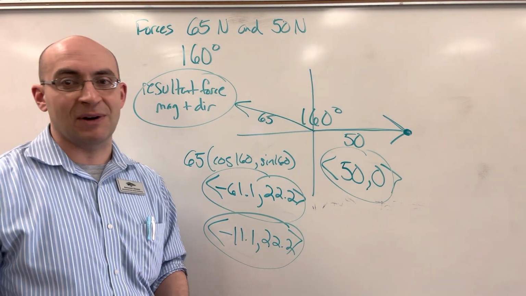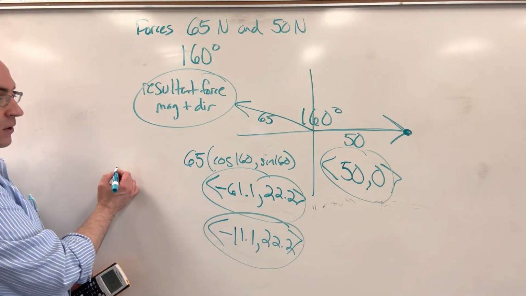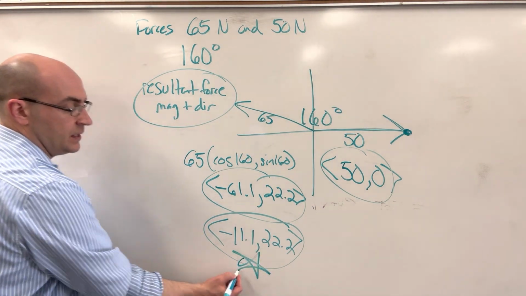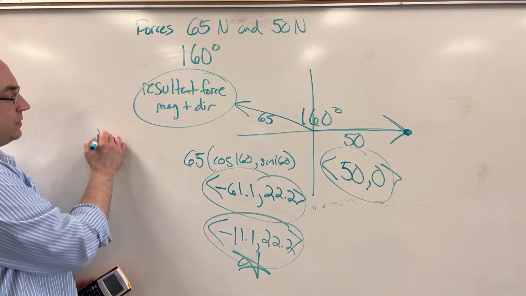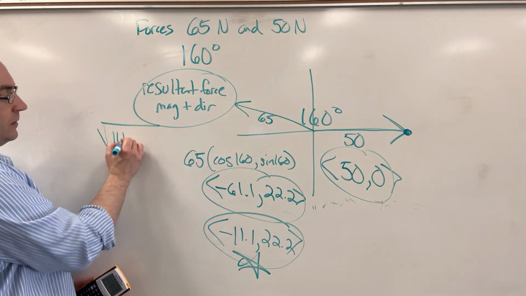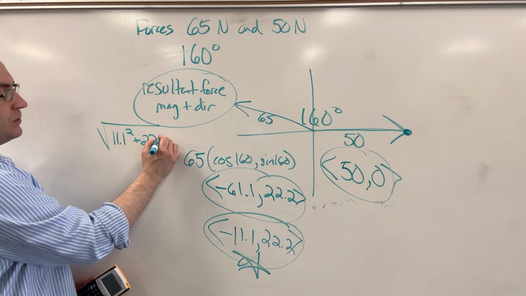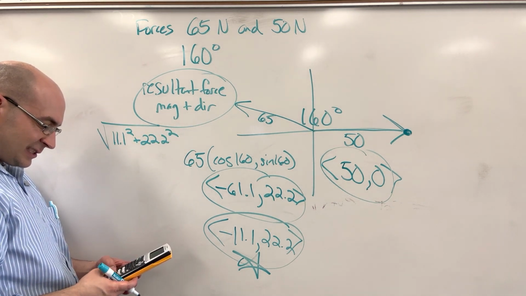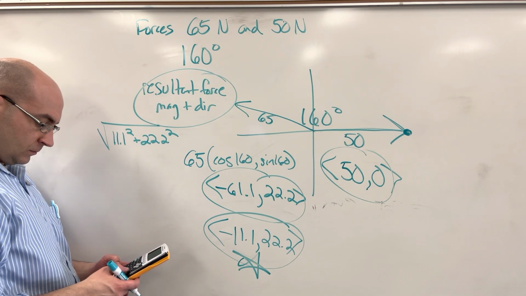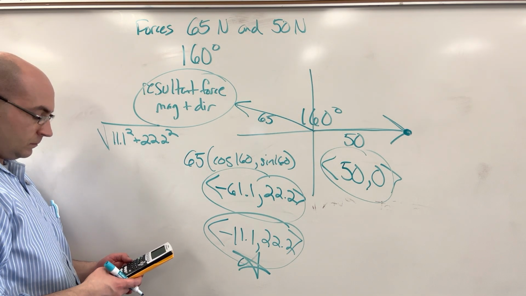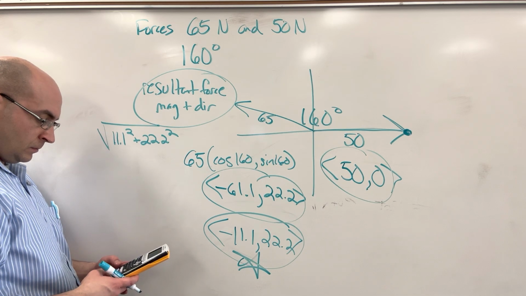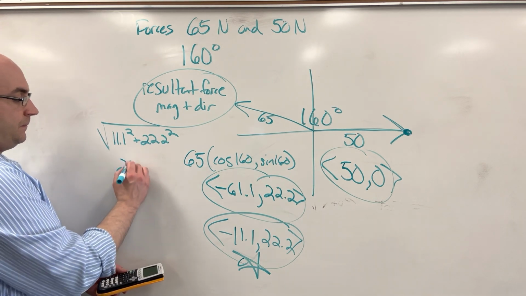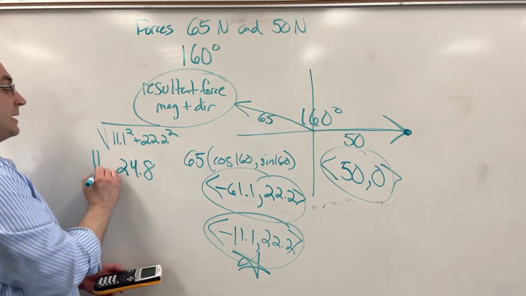Well, just like the previous problem, I know what to do. So I'm going to take this. We are going to do the square root of 11.1 squared plus 22.2 squared. Okay, and that's going to give us 24.8, which is the magnitude of that vector.